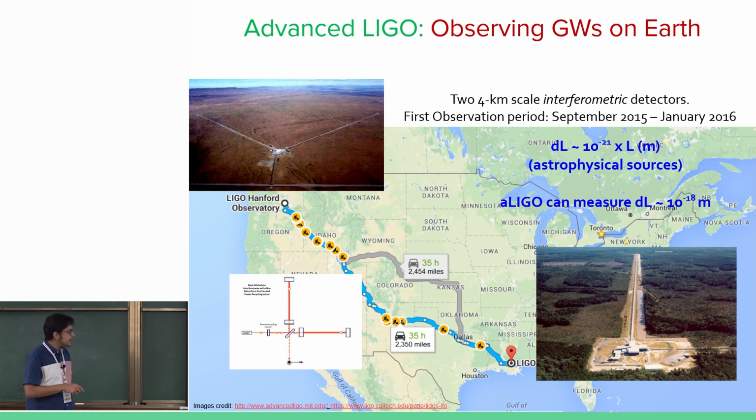The net difference is what is measured at the differential arm output, and this constitutes what is called the strain signal. That is the final observable that has been in the news, and you must have seen various time domain plots of these gravitational wave strain signals.